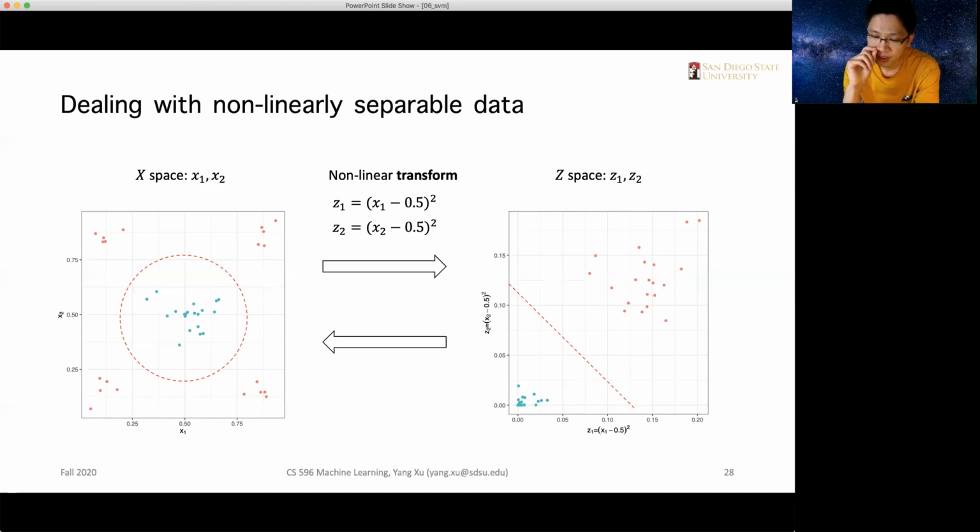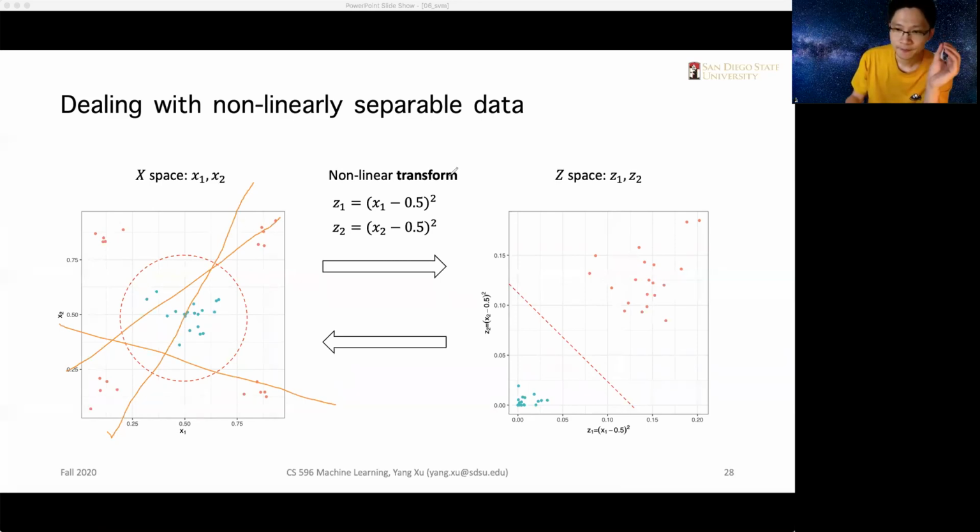It's a linear combination of the coefficient W and the feature X and the intercept B. But if the data is not transformed, say if our X looks like this, then if we draw a boundary in the original space, there's no way to draw linear lines that separate all the data points, right? So we basically need to transform to the Z space.